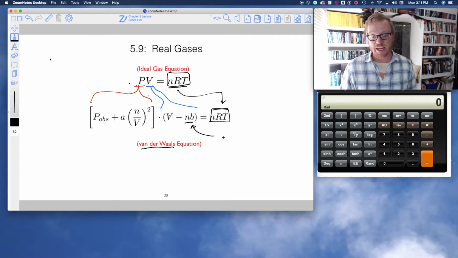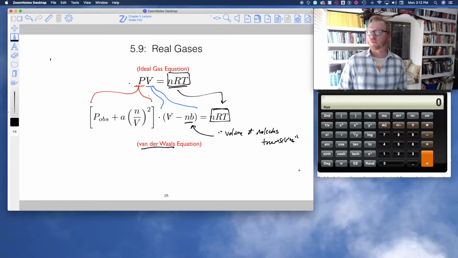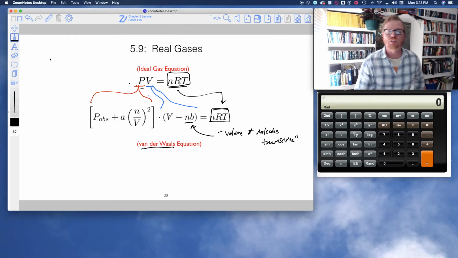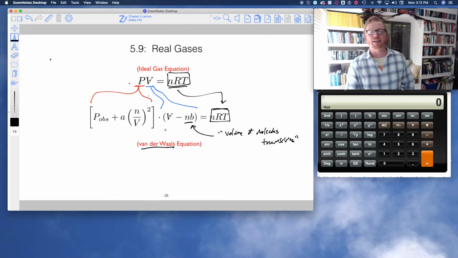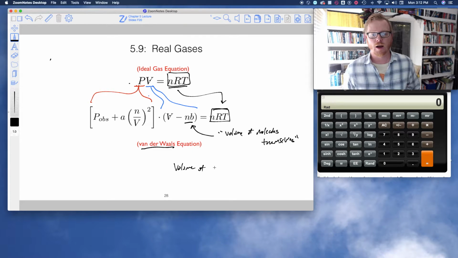So this nb chunk represents the volume of the molecules themselves, and notice that it's being subtracted from what I'll call the volume of the container that's holding those molecules.